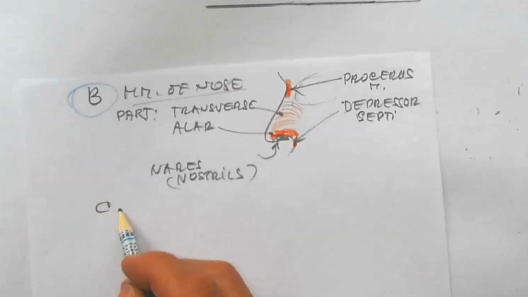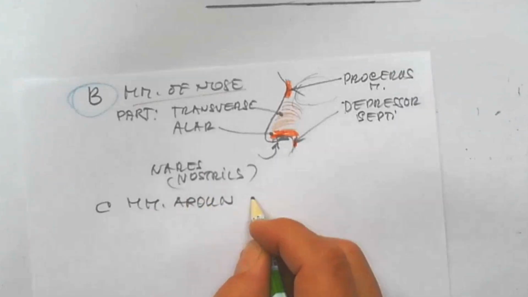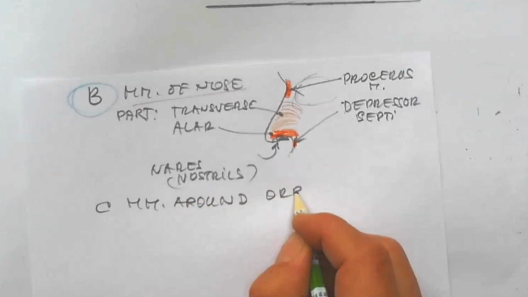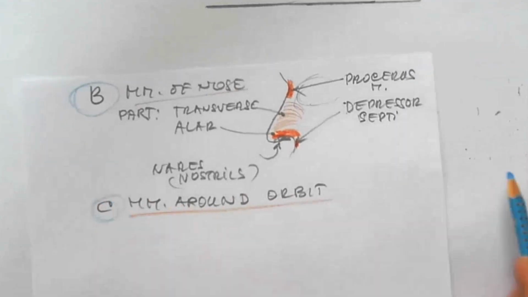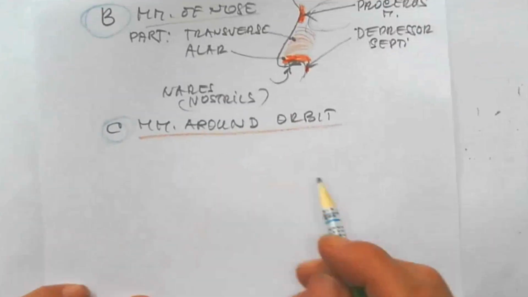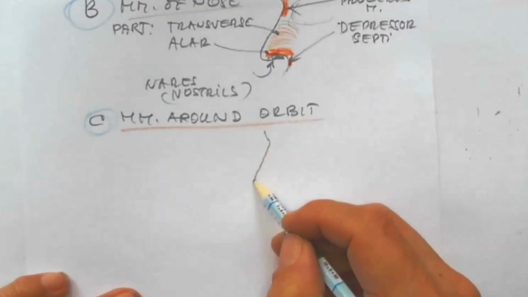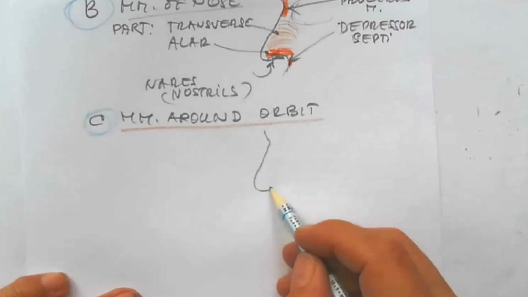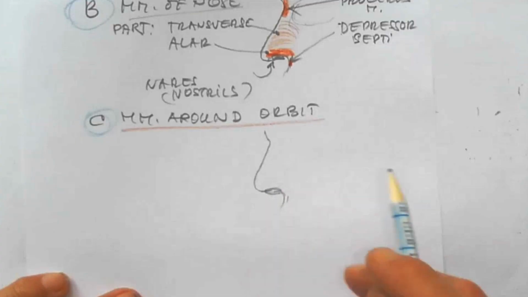Then C, muscles around the orbit. Also quickly, muscles around the orbit. We could use the same or a similar drawing to that, the nose, like that, correct.